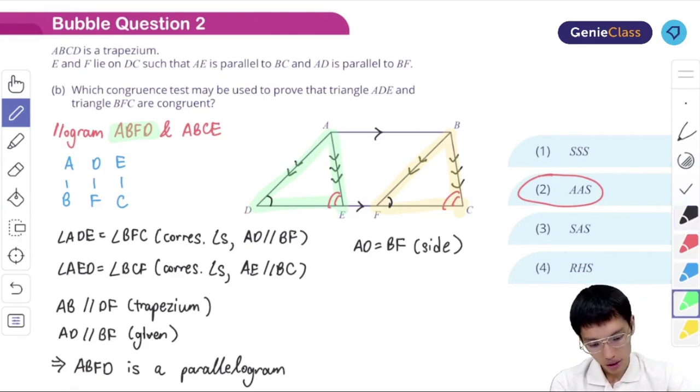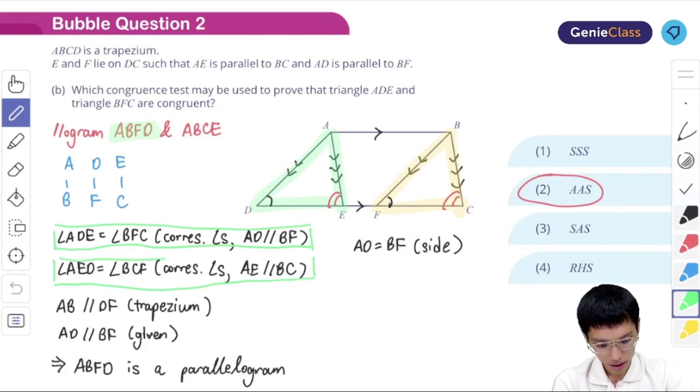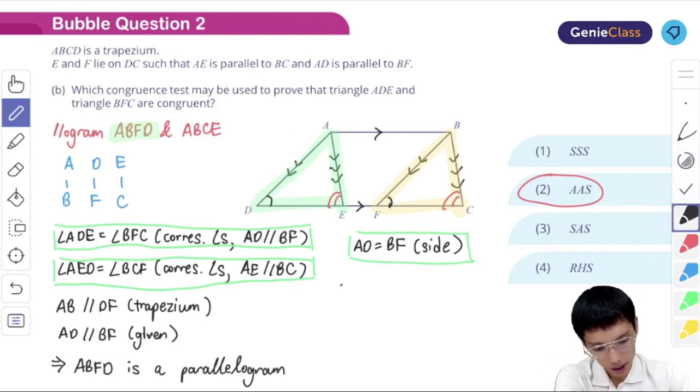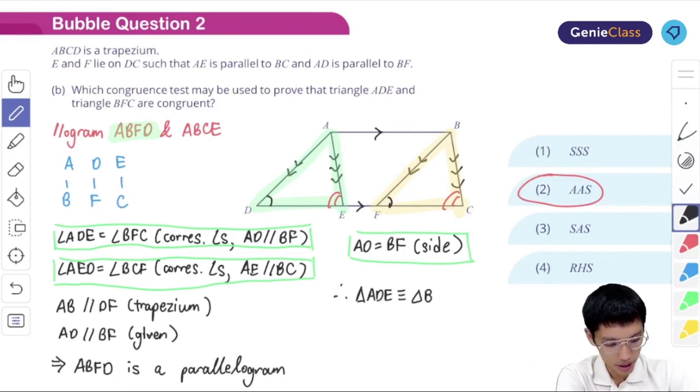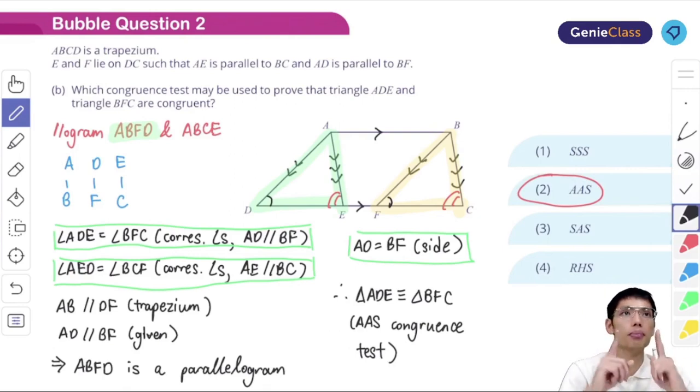And therefore, you have one angle, another angle, and lastly, another side. This therefore gives you the congruence test of AAS. So ADE is congruent to BFC. And most importantly, you have to specify the test you are using. So AAS congruence test.